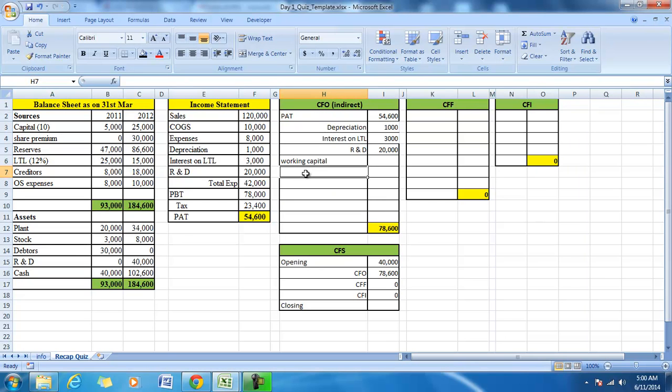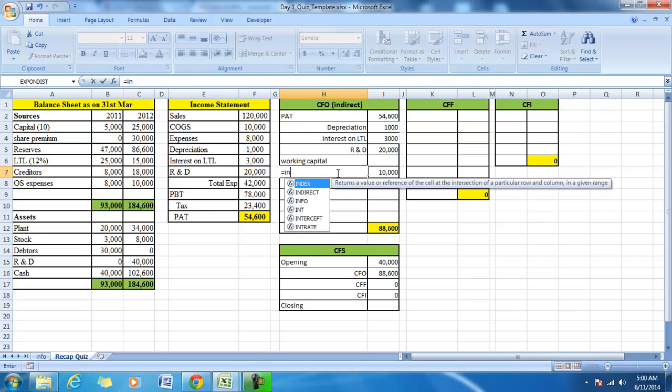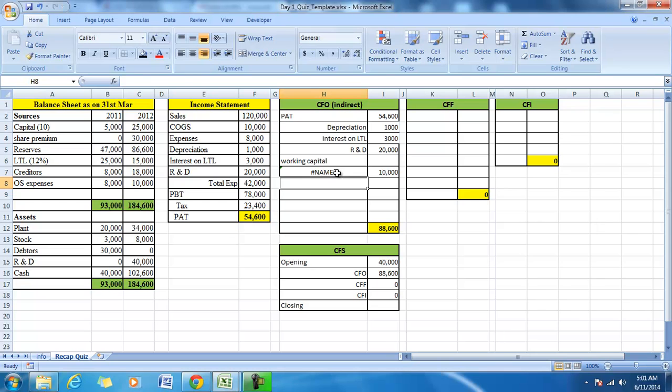If you see, the creditors during this period have increased. That means we have purchased the goods on credit, so to that extent, cash has not been paid. So the increase in creditors will be added back, since we have purchased but did not pay money to that extent.